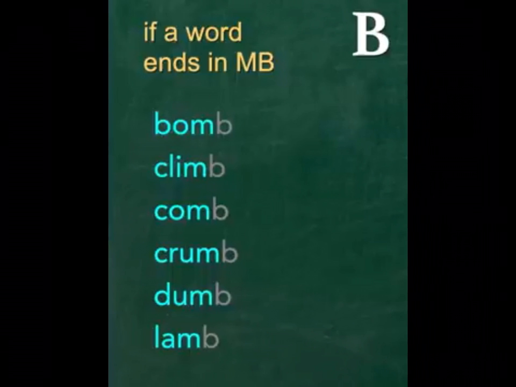We don't say comb. We have crumb, dumb, and lamb. Again, bomb, climb, comb, crumb, dumb, lamb. So just pretend the B is not there and do not pronounce the B when it comes after an M here.